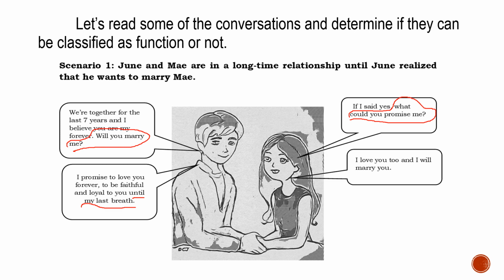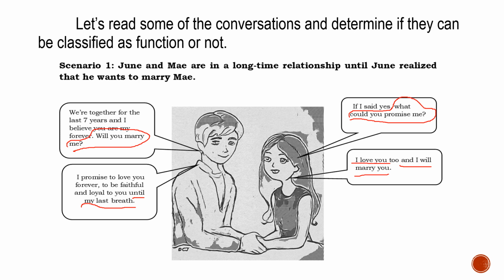And May replied to this, "I love you too, and I will marry you." So at the end of this scenario, May said yes, and she also wants to marry June.